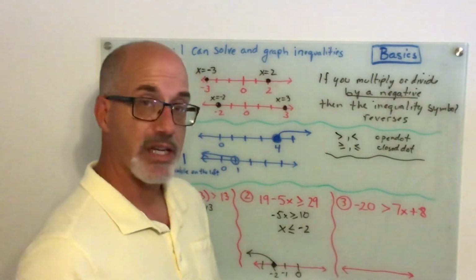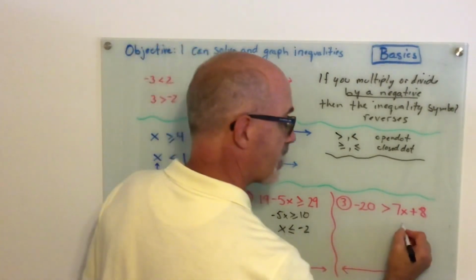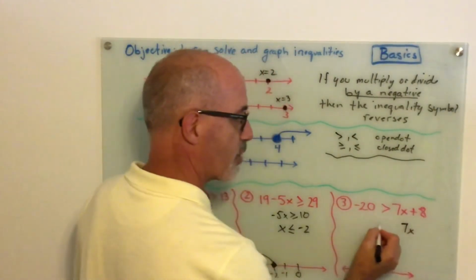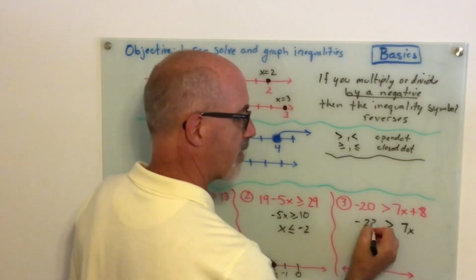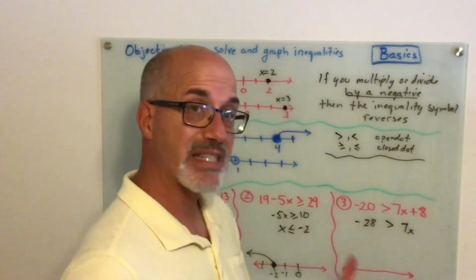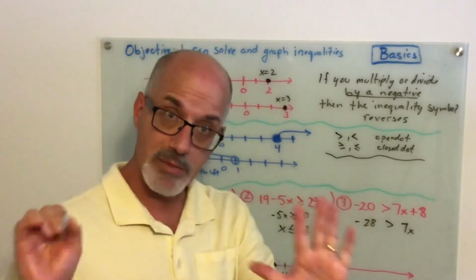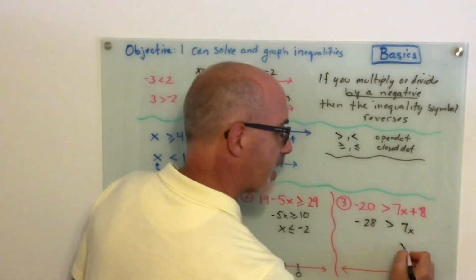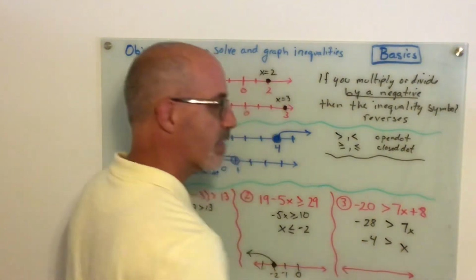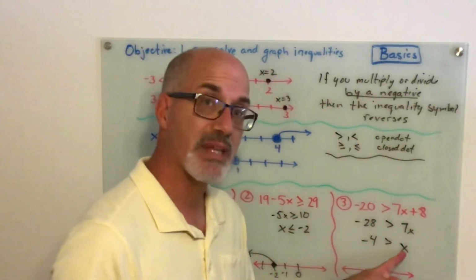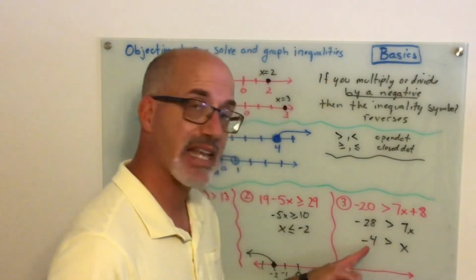This last one here, I'm going to subtract 8 from both sides, but notice the variable's on the right-hand side, so 7x stays here. Subtraction does not change my inequality. Subtracting 8 from negative 20 gives me negative 28. Divide by 7. Dividing by a positive does not reverse my inequality. It keeps it the same. So we have just an x here. Dividing by 7 gives me negative 4 here. And I have the greater than symbol. But if I read it from the x, I'm going to say that x is less than negative 4.